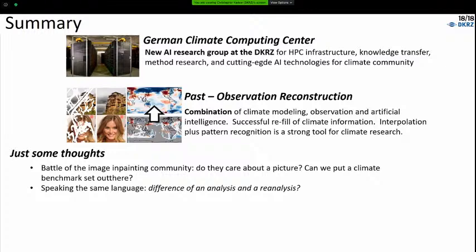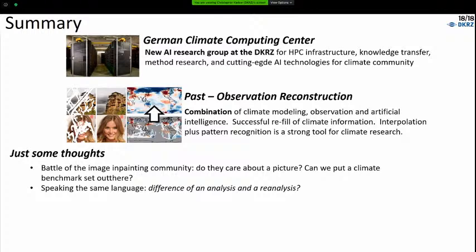Speaking the same language is always pretty important. As I said, the word ground truth is something AI people use pretty often for the real picture. We had lots of discussions about the word ground truth, because nothing in climate science is basically a ground truth, not even an observational data set.